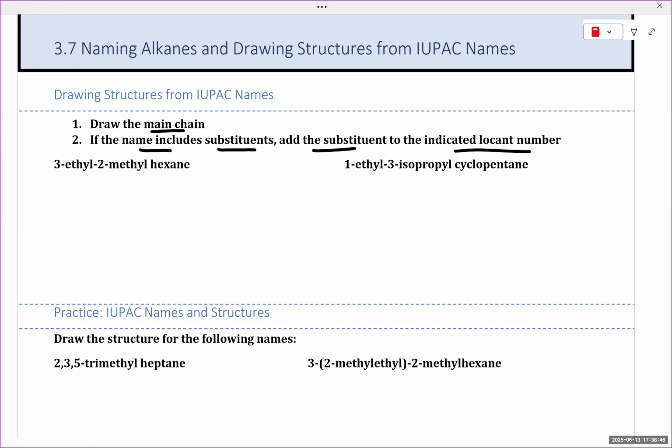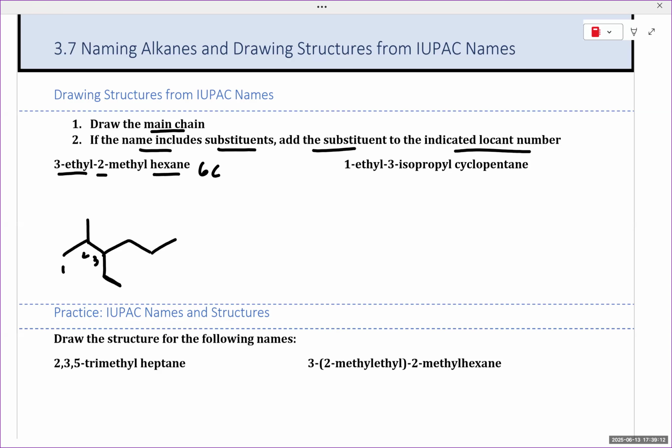For example, 3-ethyl 2-methylhexane. Hexane, draw a 6-carbon chain. 1, 2, 3, 4, 5, 6. Next, 3-ethyl. 1, 2, 3. Position 3 gets an ethyl group, which is 2 carbons. Position 2 gets a methyl group, 1 carbon. There we go. All done.